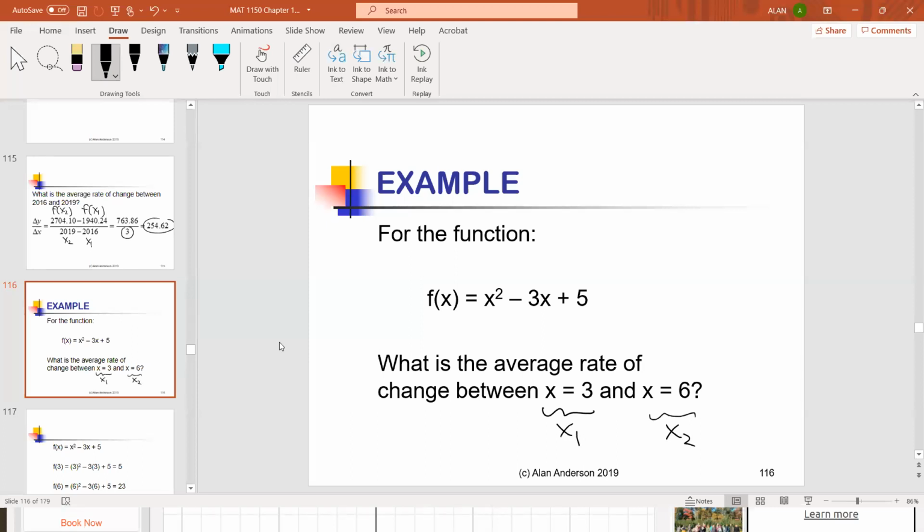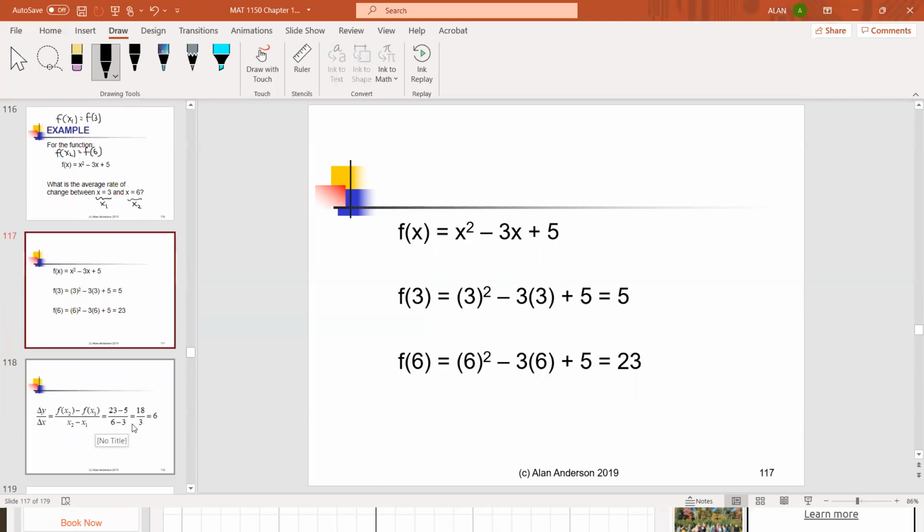And now I've got to calculate f of x1 and f of x2 myself. In other words, f of x1 is f of 3, and f of x2 is f of 6. That I have to do myself. So these are done on the next slide. Once I have that information, I can go ahead and use my formula.